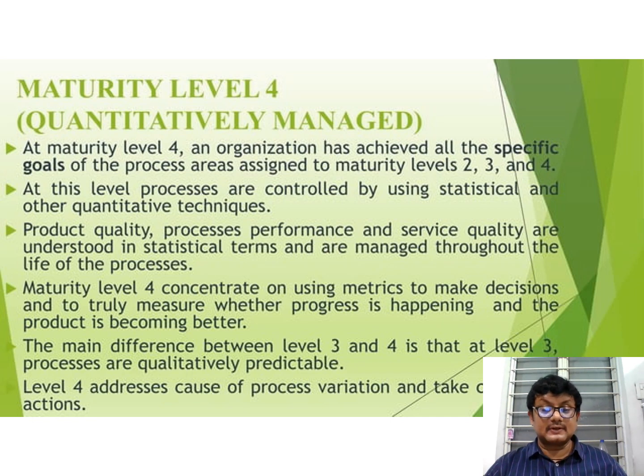Maturity level 4 concentrates on using metrics to make decisions and to truly measure whether progress is happening and the product is becoming better. The main difference between level 3 and 4 is that at level 3 processes are qualitatively predictable. Level 4 addresses causes of process variation and takes corrective action.